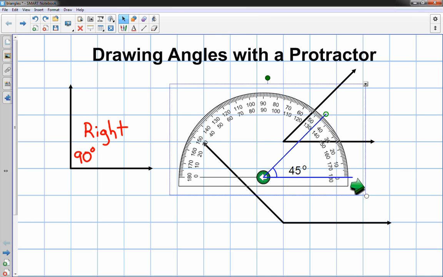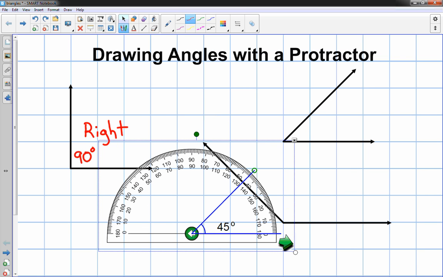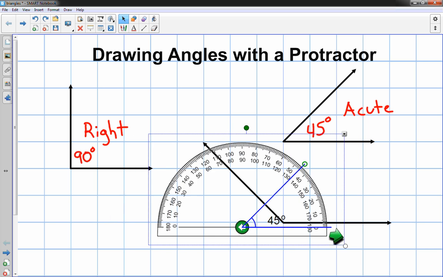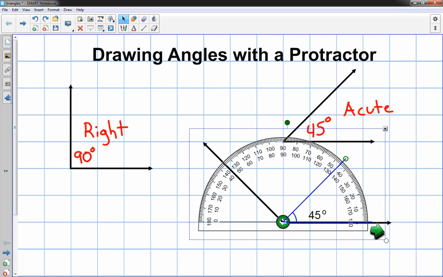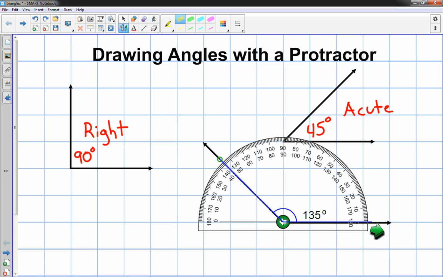So I can write that inside that angle. I would write 45 degrees, and then I would also have you write acute. This last one is obtuse. It's opening really wide, past 90 degrees. So what I'm looking at is right here, between 130 and 140, because it's greater than 90.